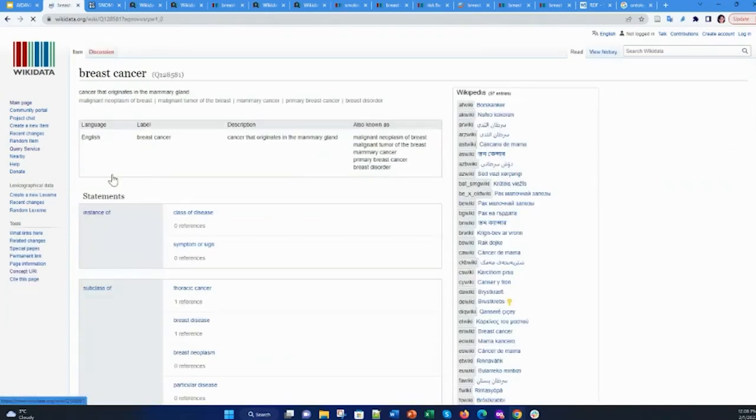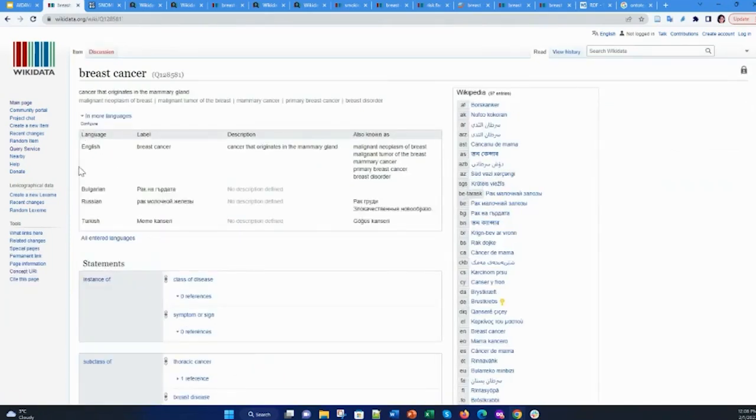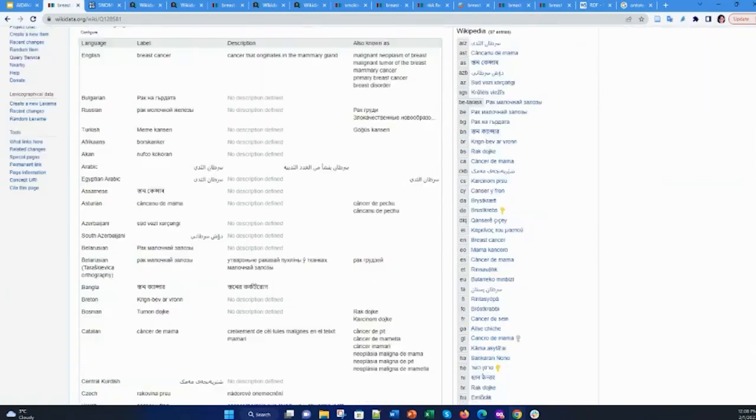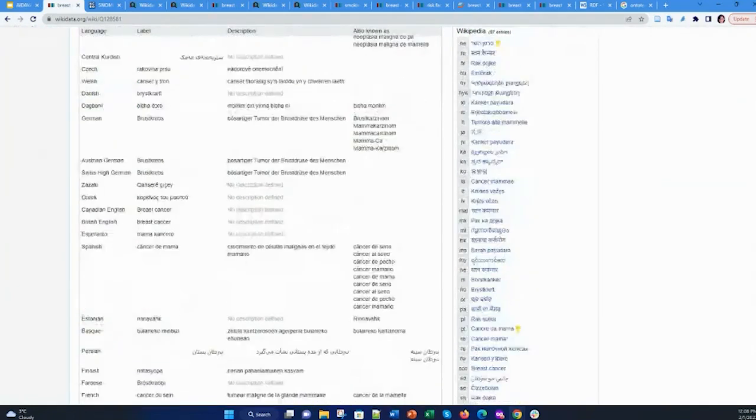For breast cancer, we see that here is available information about the concept labels for various languages, for English, also for our targeted languages in the project. We can see also, for instance, for German, for Dutch, also for Estonian, and for many, many other languages.